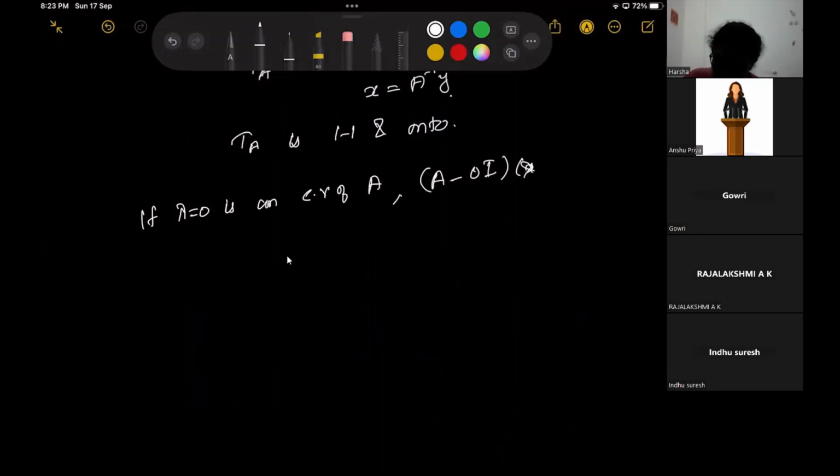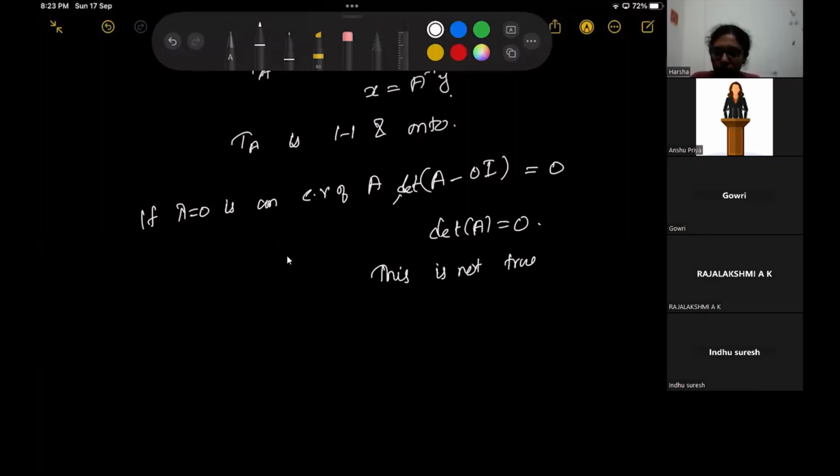But that means the determinant of A equal to 0. This is not true because rank A equal to n, so the determinant of A cannot be 0, correct? So option B is the correct answer.